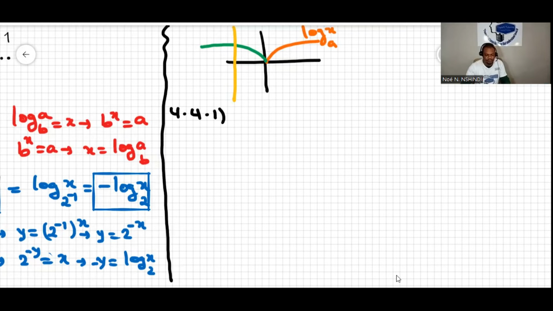It is said that the point M lies on g inverse. M is the point (a, 2), and this point lies on g inverse.